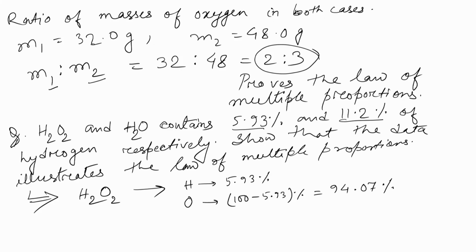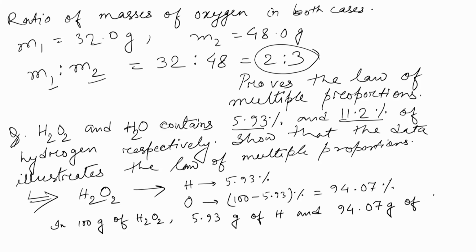Now, we can also say that in 100 grams of H2O2, we have 5.93 grams of hydrogen and 94.07 grams of oxygen.